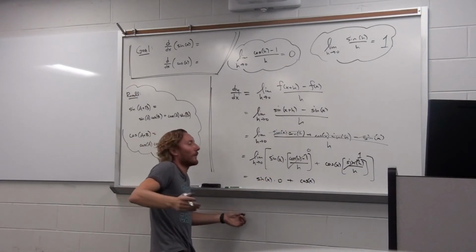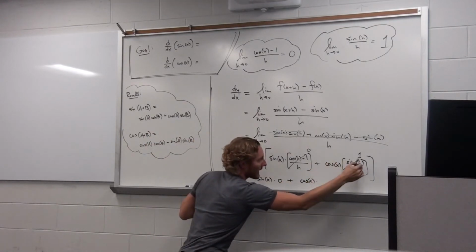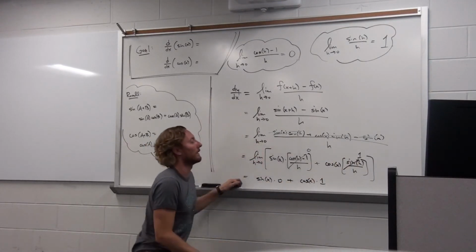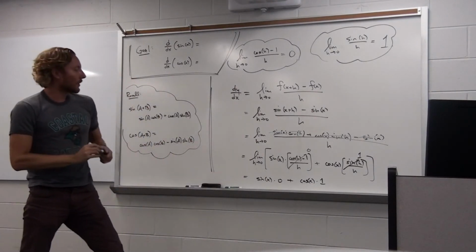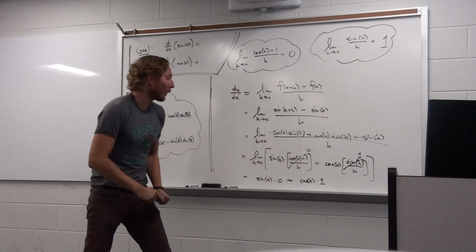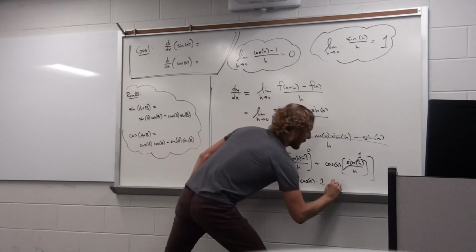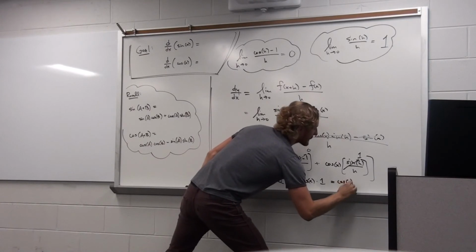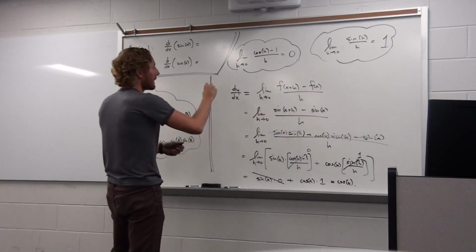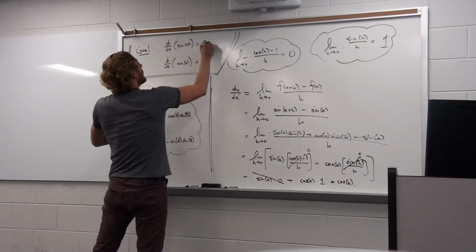Anything that doesn't involve h is just whatever that anything is. And then that limit is being multiplied by 1. Aha, so what do we have? We have sine x times 0 plus cosine x times 1. Well, you know anything times 0 cancels, and then the only thing that's left is cosine x. So the long story short here, after running the whole computation, the derivative of sine is cosine.